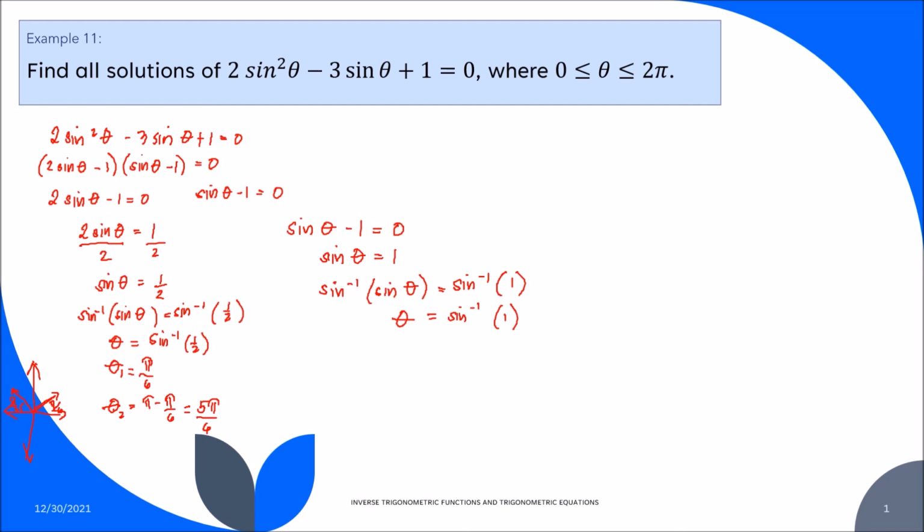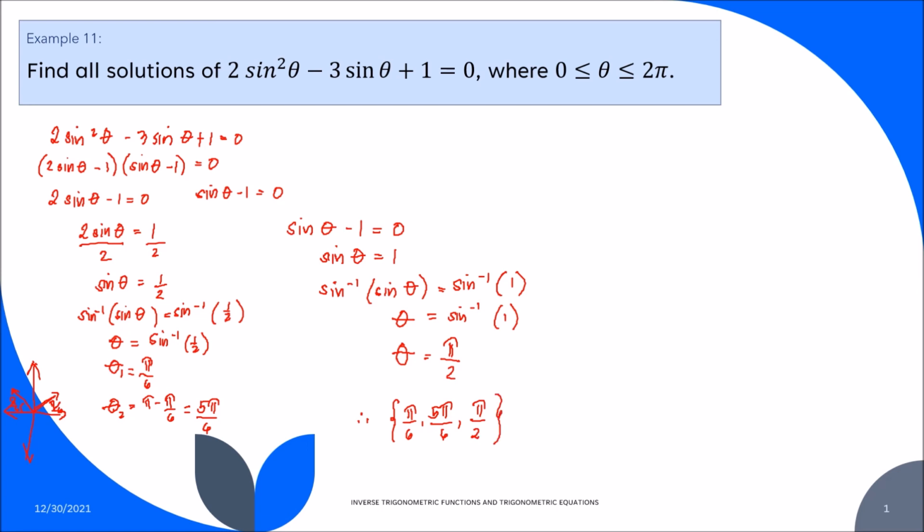Therefore, using our hand trick, we will have pi over 2. Therefore, the solutions are pi over 6, 5 pi over 6, and pi over 2.